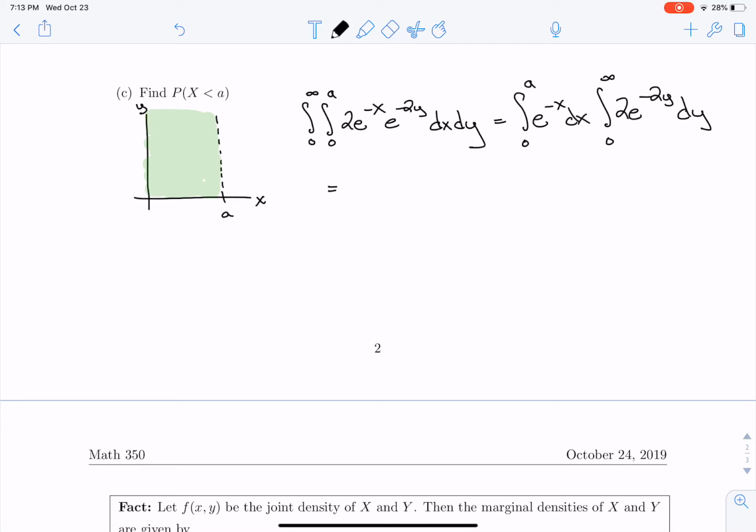The first integral is minus e to the minus x, evaluated between 0 and a. And the second integral I know is 1 because that is an exponential distribution with parameter lambda equals 2. But I'll do the integral anyway. So I'll get minus e to the minus 2y evaluated between 0 and infinity.